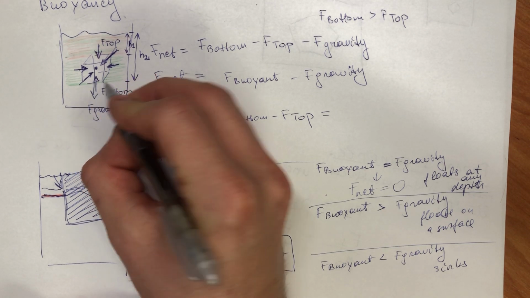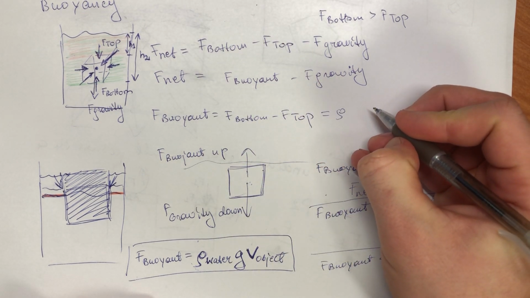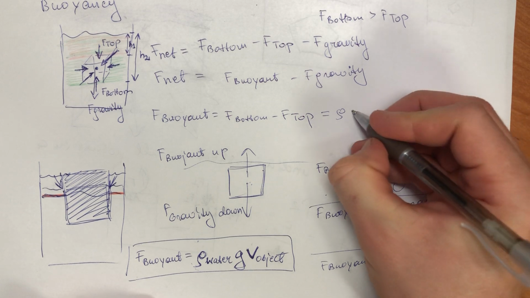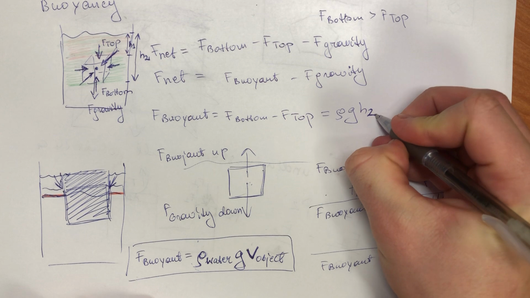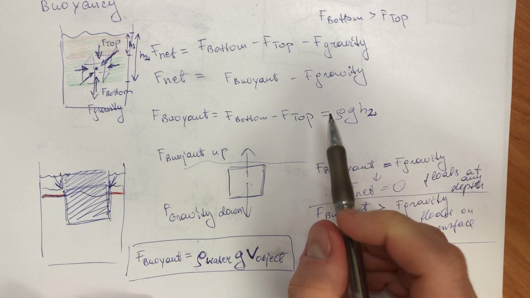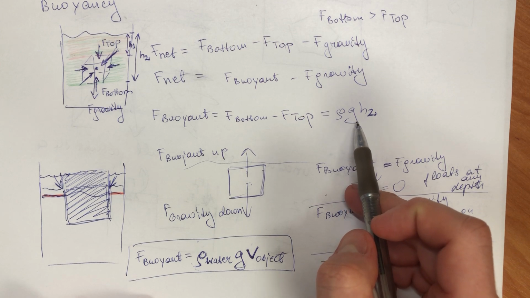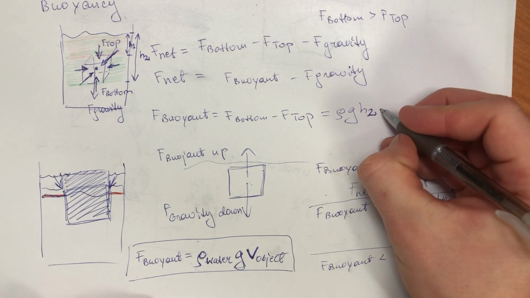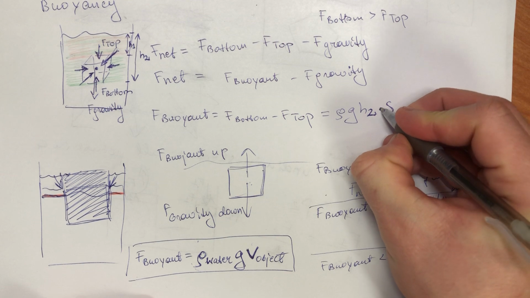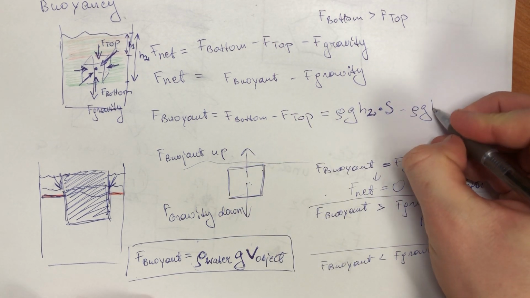So rho g H2 stands for the hydrostatic pressure, and this hydrostatic pressure times surface area would be force, minus rho g H1.